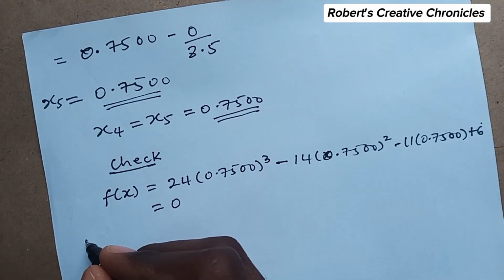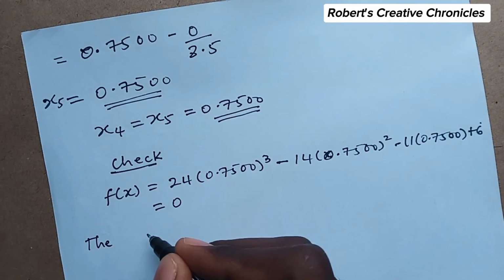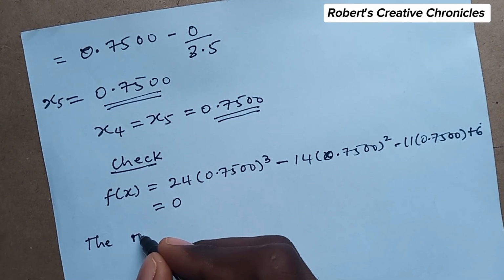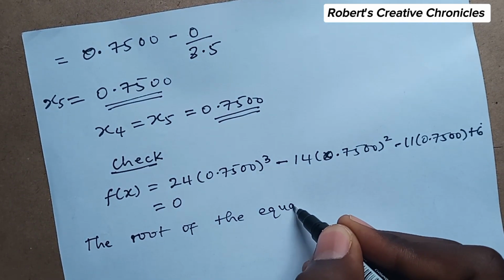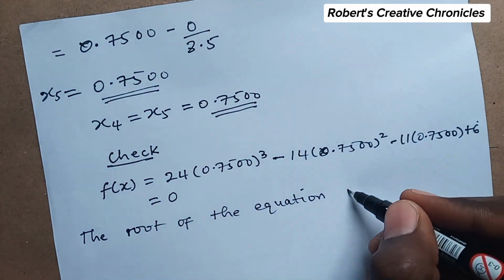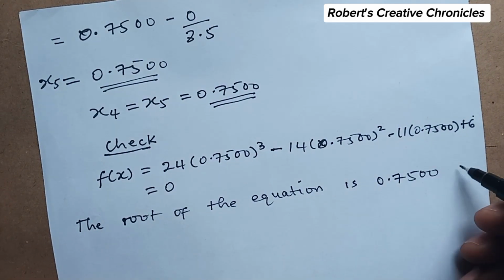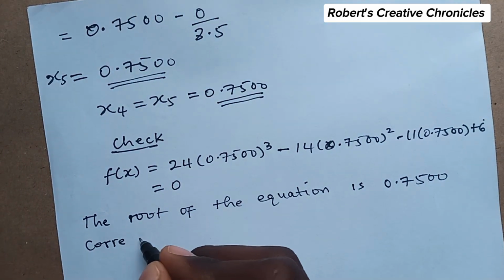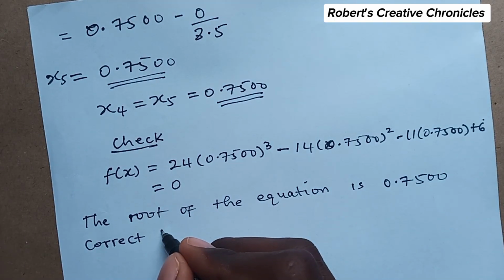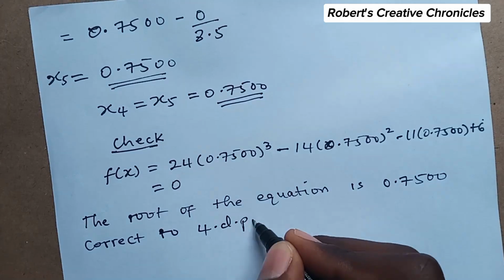So you can conclude that the root of the equation is 0.7500, correct to 4 decimal places.